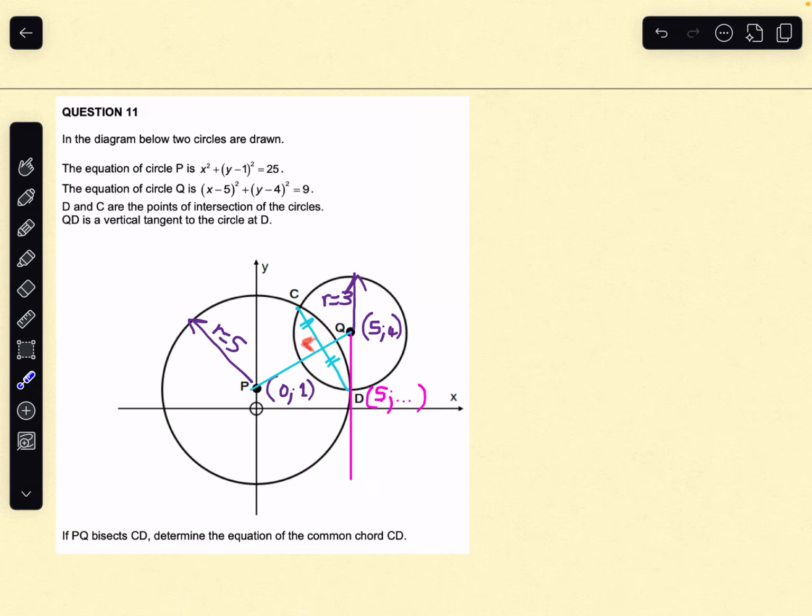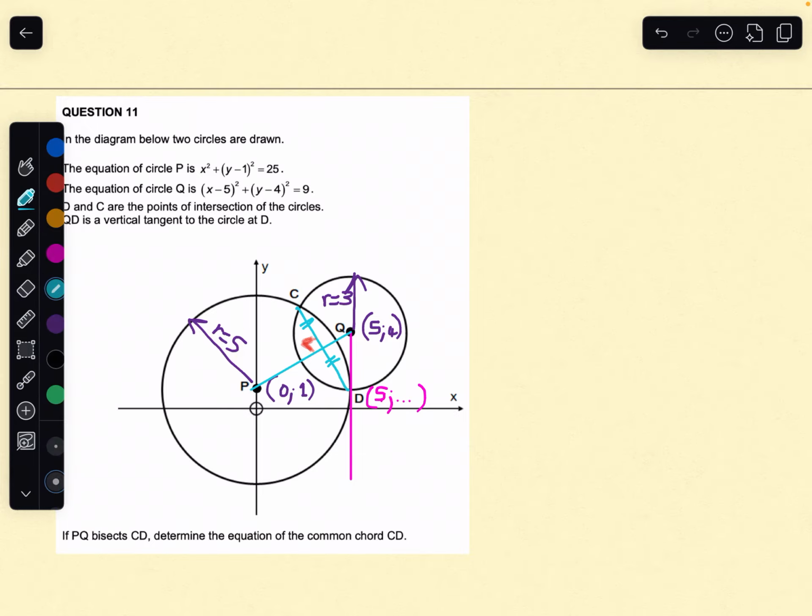So the two key things we're after are m, the gradient, and c, the y-intercept of the line. The m part is the first thing that came to mind because of this perpendicular relationship, right? If I know the gradient of this, then I can use the perpendicularness to figure out the gradient of that. So that's going to be the first thing I do.